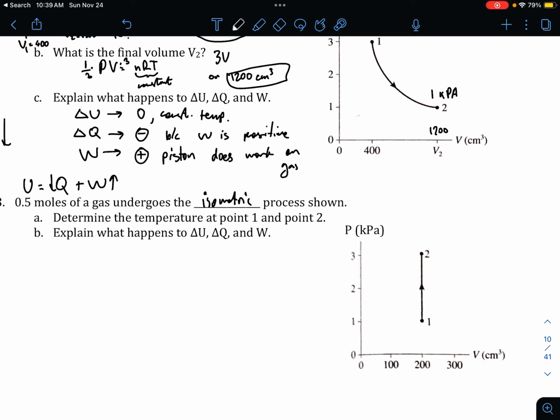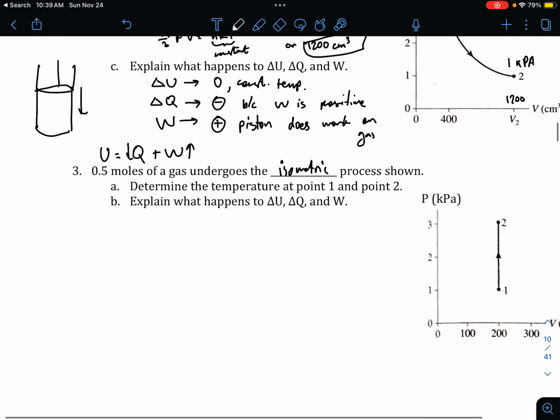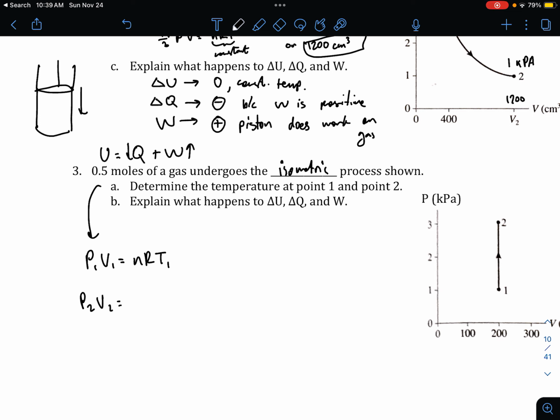So this is going to be another system of equations thing. We know P1 V1 equals nRT1, and P2 V2 equals nRT2. I know that the pressure increased by 3.